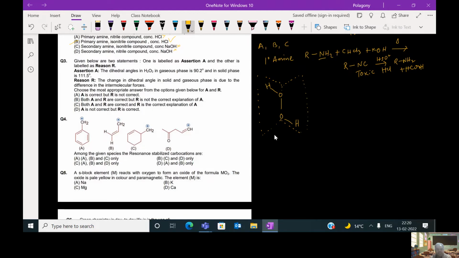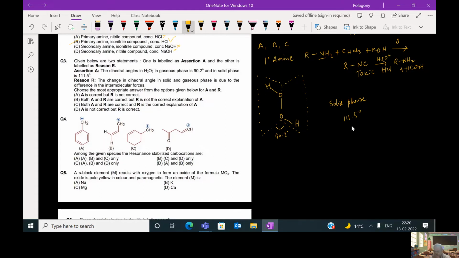And what is mentioned here is the dihedral angle. The dihedral angle in H2O2 in the gaseous phase is given, for example, in the gas phase as 90.22 degrees. In the solid phase, it is mentioned as 0.5 degrees.